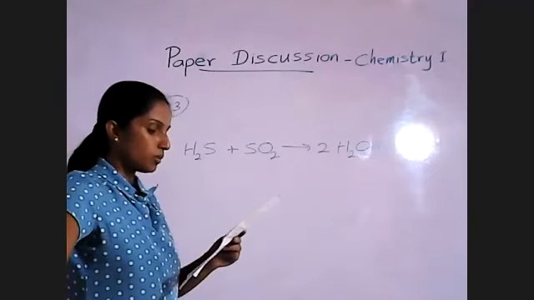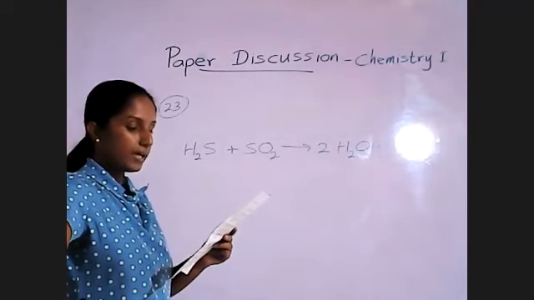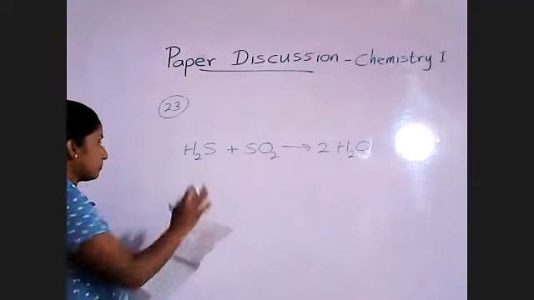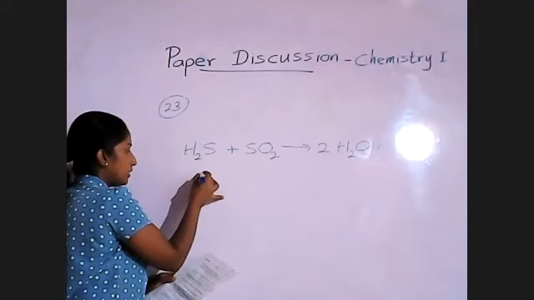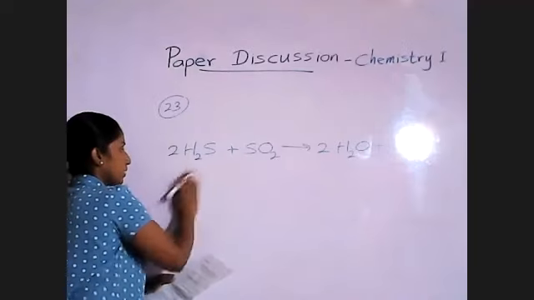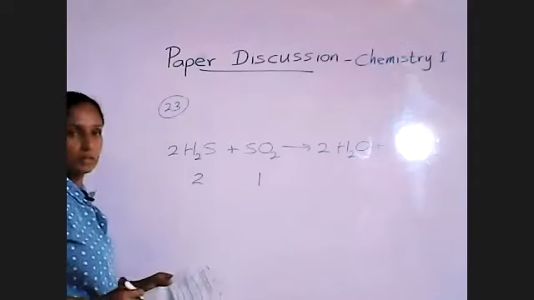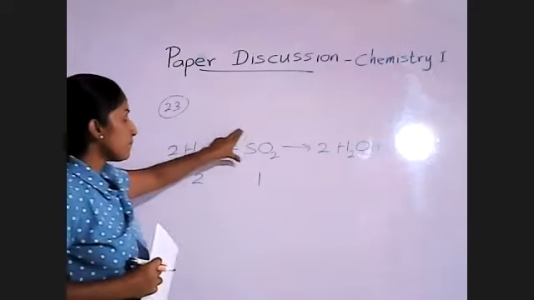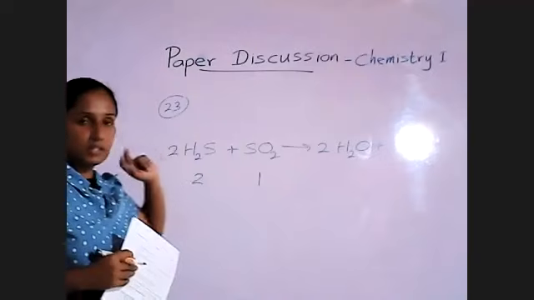The amount of moles of sulfur dioxide that reacts with 1 mole of hydrogen sulfide, according to the equation, the ratio is 2 to 1. Two H2S molecules react with one sulfur dioxide molecule and form two water and three sulfur.